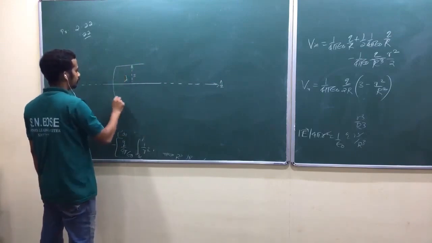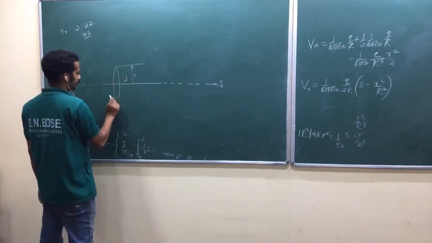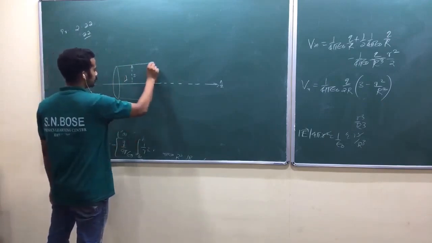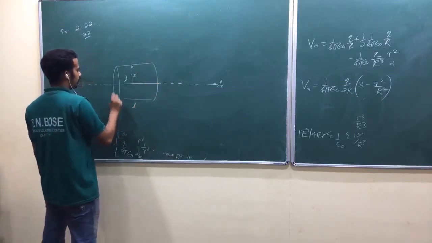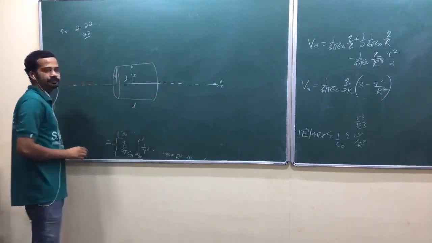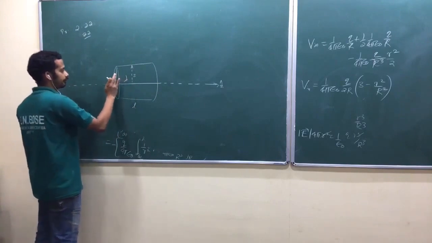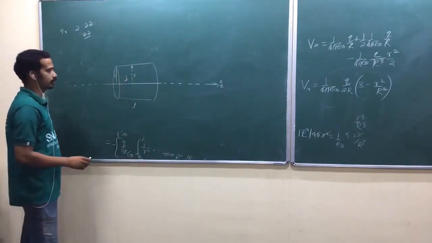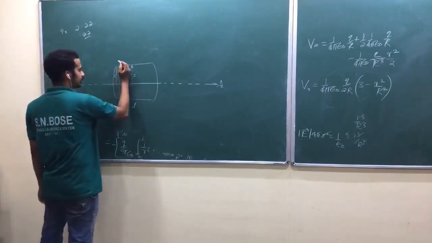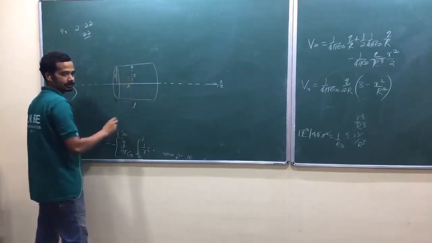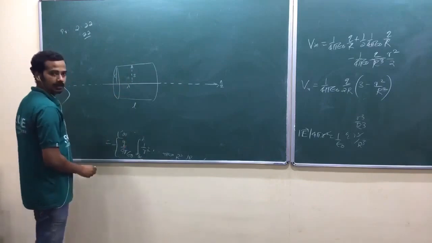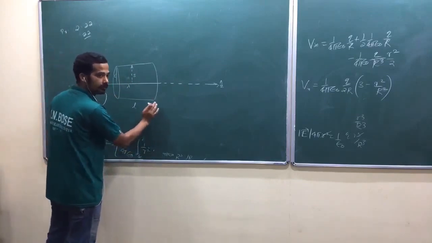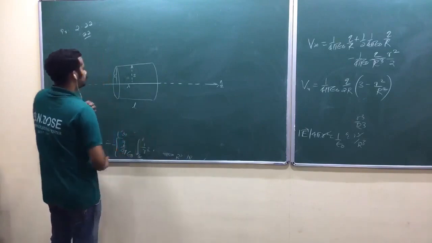I have to take a Gaussian surface, a small cylinder of length L and radius S. We have to apply Gauss law to that one. The line charge density is lambda, charge per unit length. Any question? Quickly.